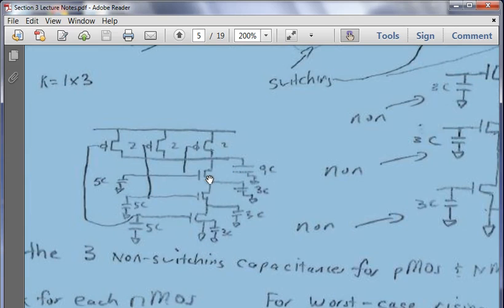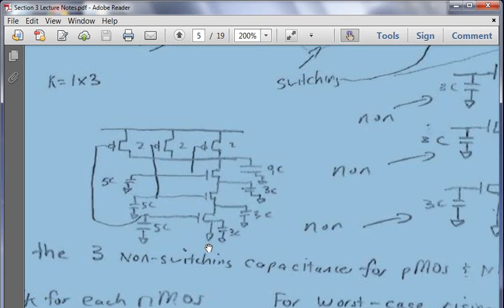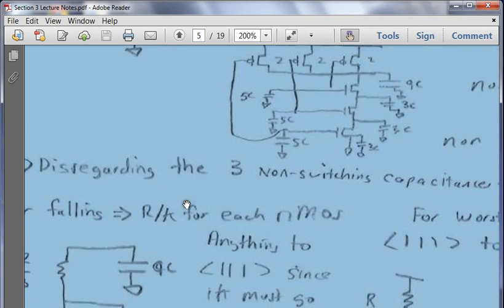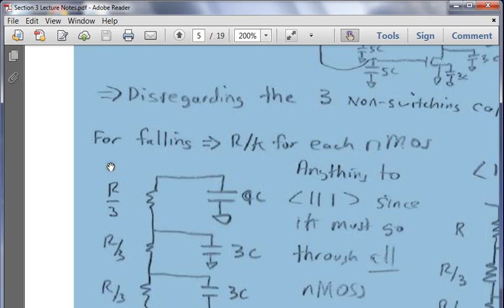Here, when we calculate the worst case scenario, we're going to be taking the resistors it goes through. We calculate what's known as an Elmore delay: we go through resistor 1 times its capacitance, the second one goes through the second resistor times this capacitance, and the third is the third resistor times the output capacitance. But for the falling transition, remember, it's R divided by K for the NMOS transistors.